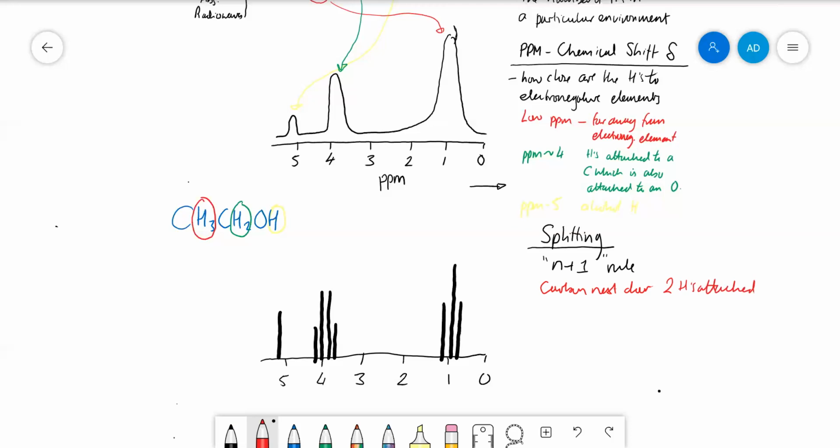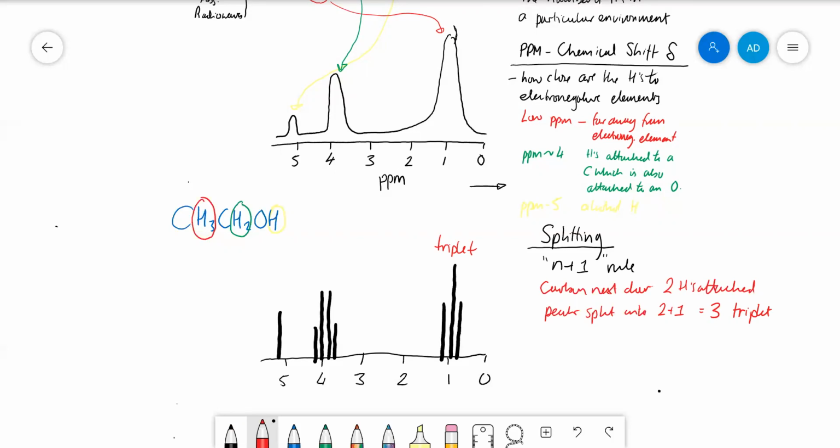So that means the peak is split into 2 plus 1, 3, and so you get what's called a triplet. This one is a triplet because those hydrogens are attached to a carbon, and the next door neighbour has 2 hydrogens on it, so they're split into 2 plus 1, 3.